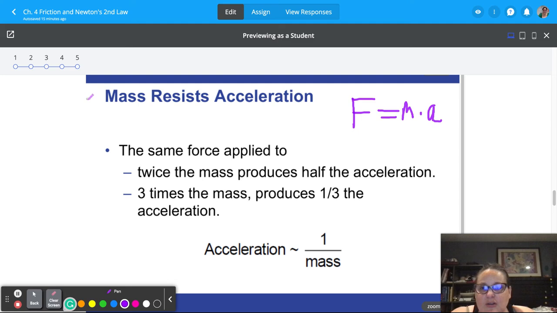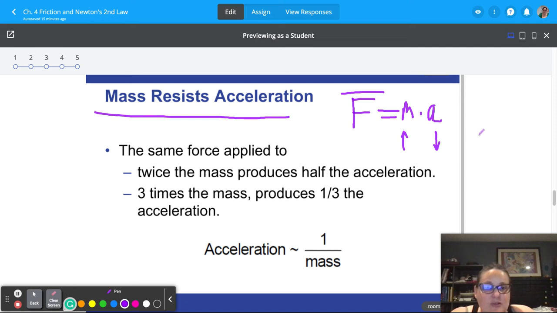You have to have only one thing changing and one thing responding. So in this particular case, for mass resists acceleration, we're going to have force be constant, which means it's not going to change. The only thing we're going to change is either mass or acceleration with the same amount of force. If I increase the mass, it will actually decrease the acceleration.